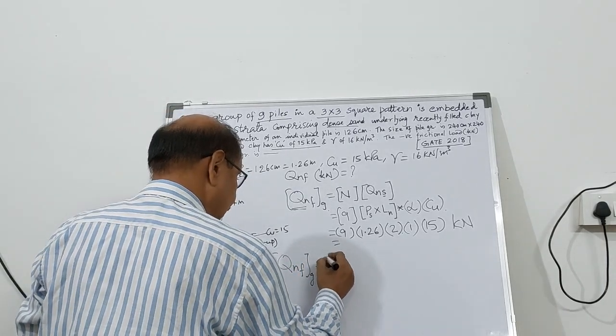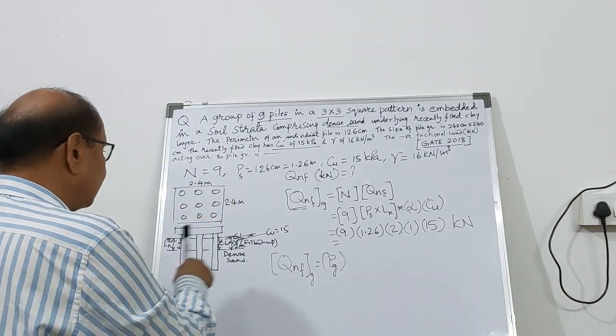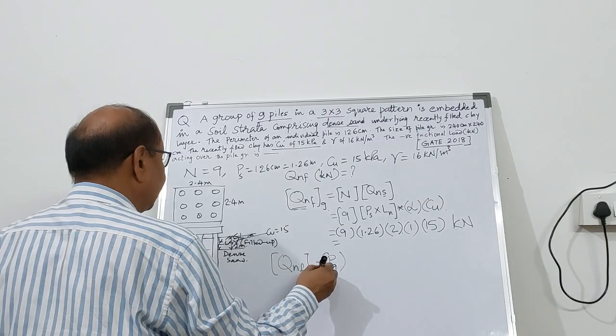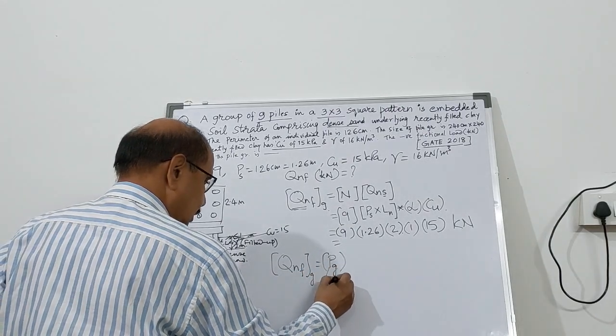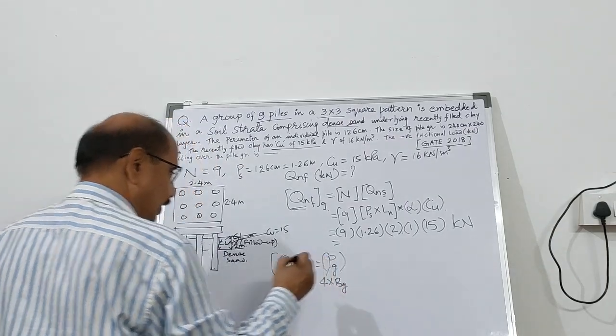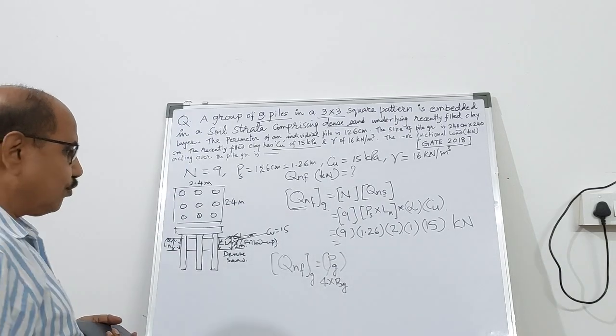So the perimeter of the group, you should find it out, and the perimeter of the group you can calculate. It will be 4 times the width of the group, and the width of the group is given to you as 2.4 meter.